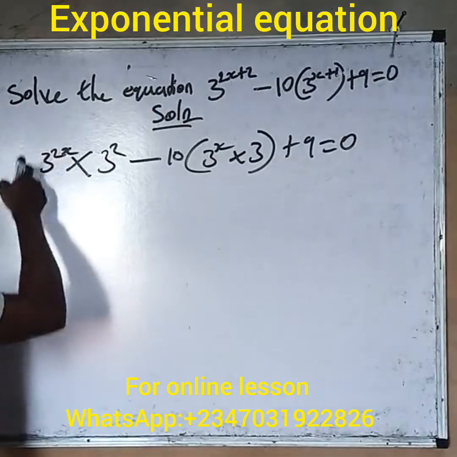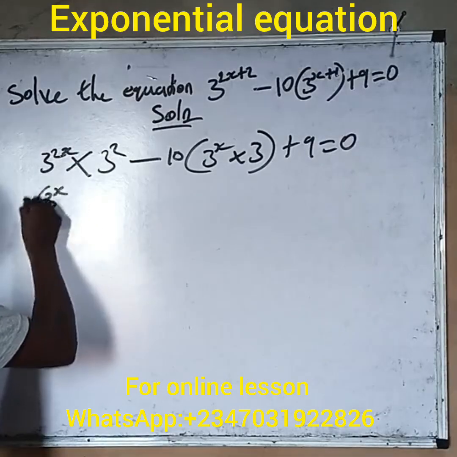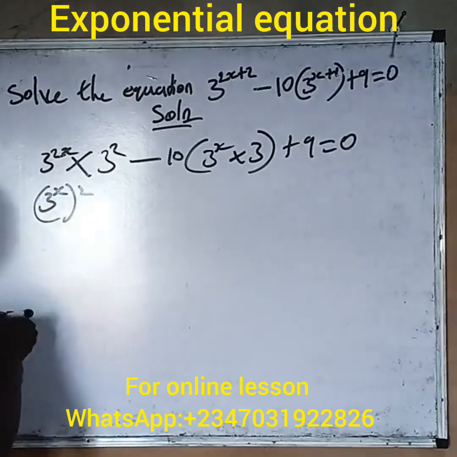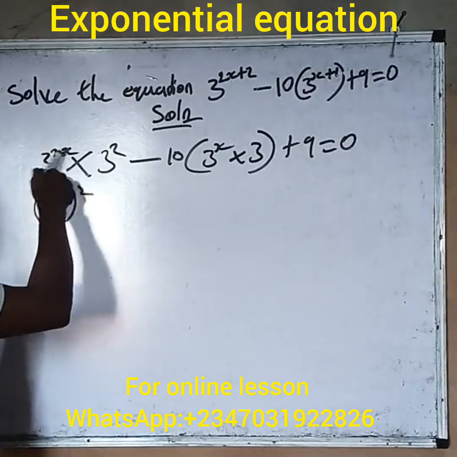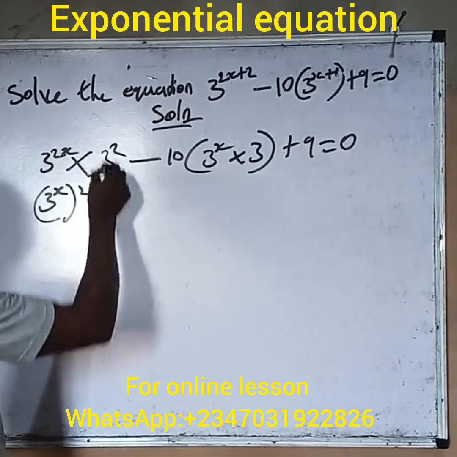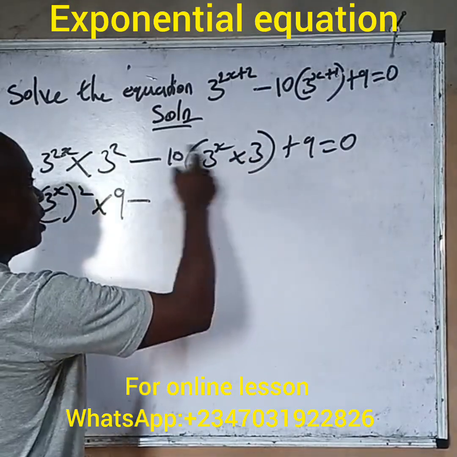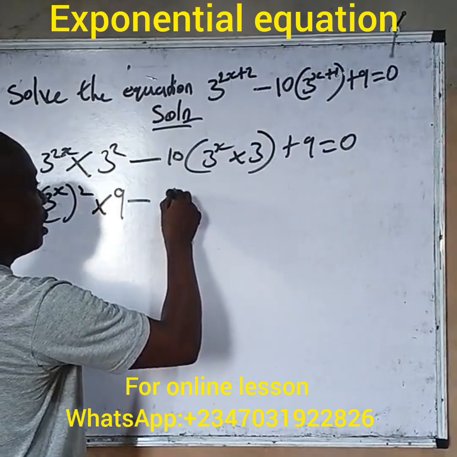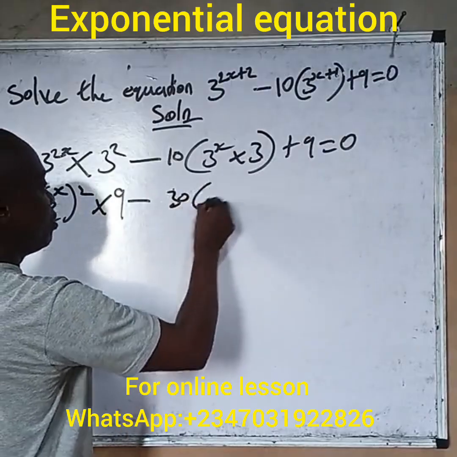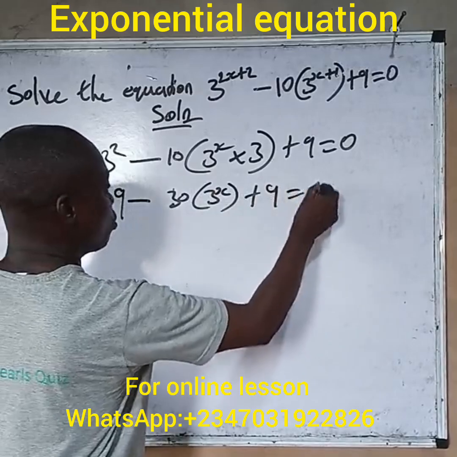This is the same thing as 3 raised to power x, all raised to power 2. Remember that power law. Then times 3 raised to power 2, which is 9. Then minus 10 times 3 gives 30, so 30 into 3 raised to power x, plus 9 equals 0.